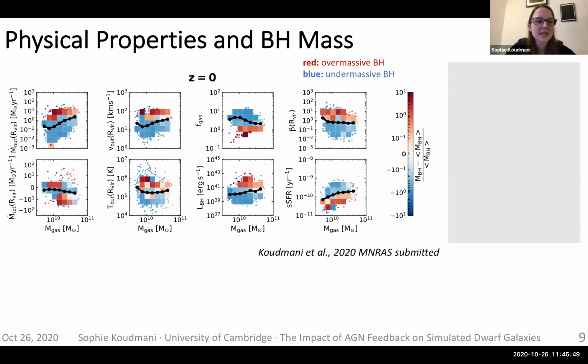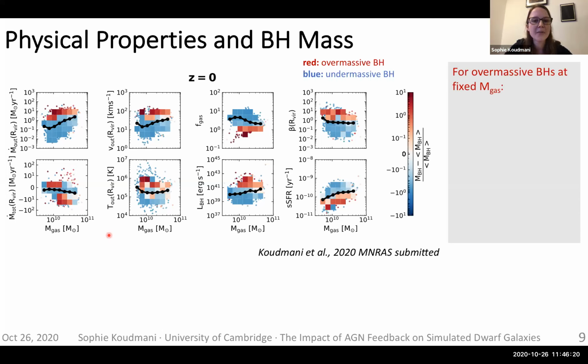Red here is overmassive black hole and blue is undermassive black hole. And again, when there are fewer than 10 objects per bin, we just plot the individual objects. We can immediately see that for all of these different properties plotted here, when you color code according to overmassive or undermassive black holes, you split the distributions into two quite clear populations. But this is a quite busy plot, so let's go through it column by column.